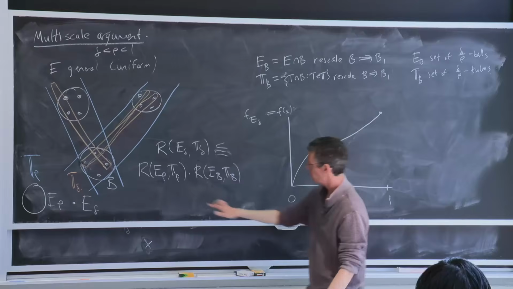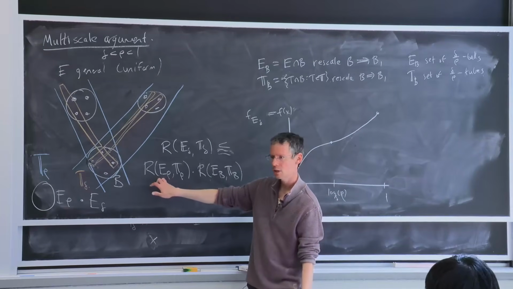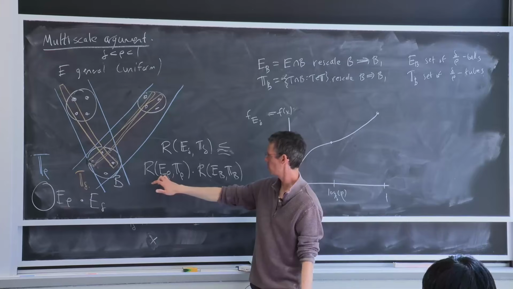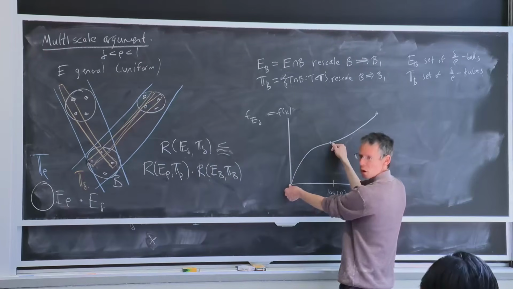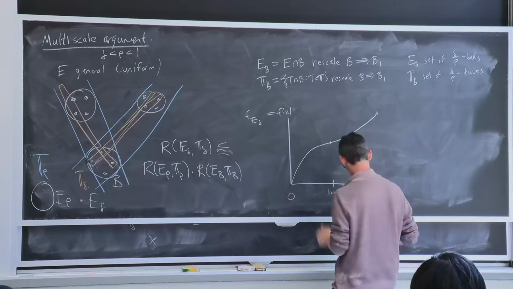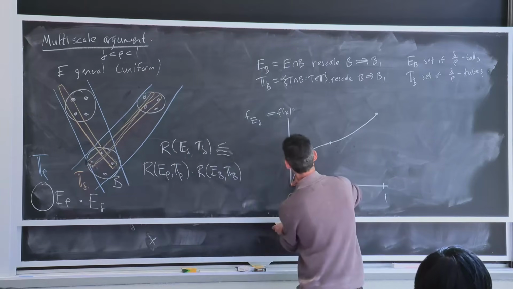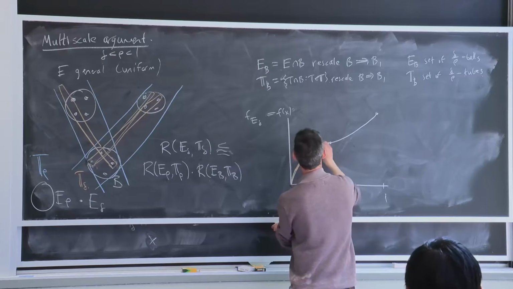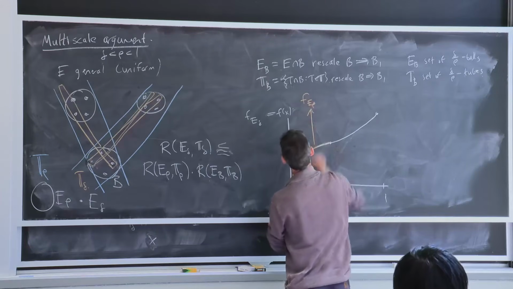And if you think about this set E rho, well, the branching function of E rho is the same as the branching function of E delta, except it just stops at rho, and we don't look at any smaller scales. So this here in orange is basically the branching function of E rho.